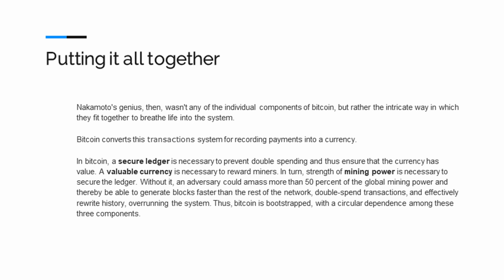Without it, an adversary could amass more than 50% of global mining power, and thereby be able to generate blocks faster than the rest of the network, double spending transactions, and effectively rewrite history, overrunning the system. Thus, Bitcoin is bootstrapped with a circular dependence among these three components: secure ledger, valuable currency, and mining power.